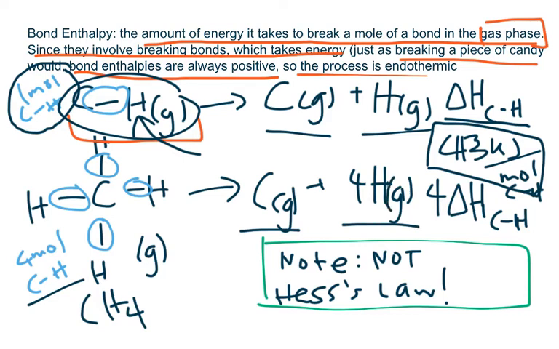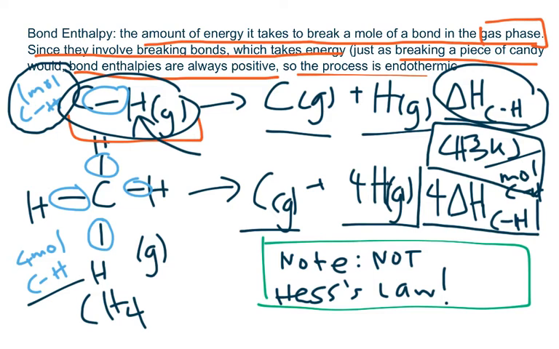So the delta H of this reaction would be equal to 4 times the delta H for breaking the CH bond, and the reason for this is because instead of breaking just 1 mole of CH bonds, which is the delta H for the CH bond, you're instead breaking 4 times as many CH bonds.